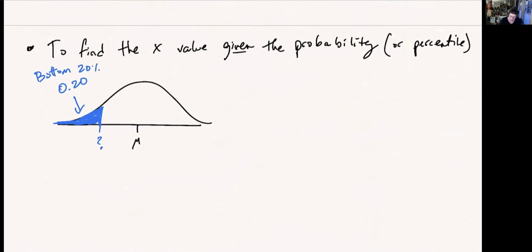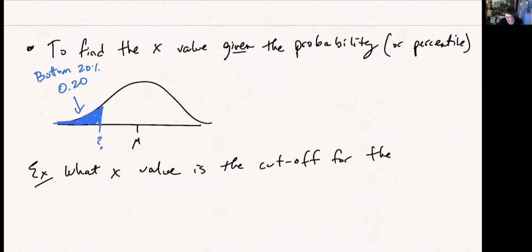I want to find out what X value that is. The problem would be something like, what X value is the cutoff for the bottom 20%?